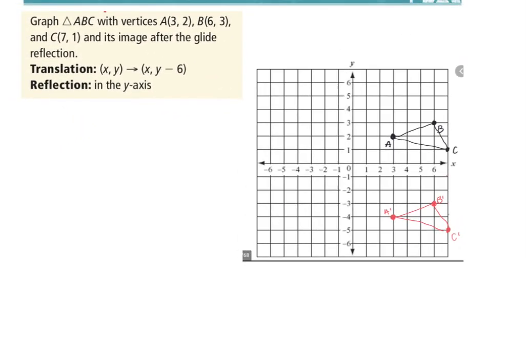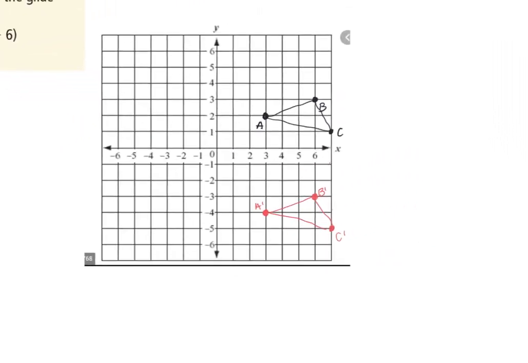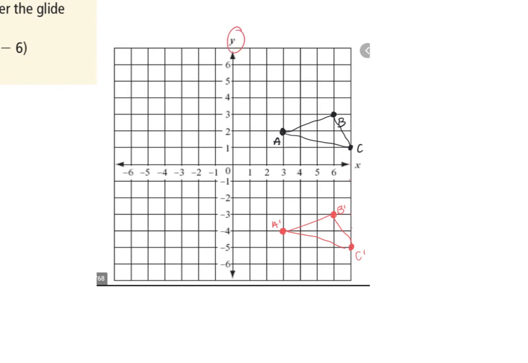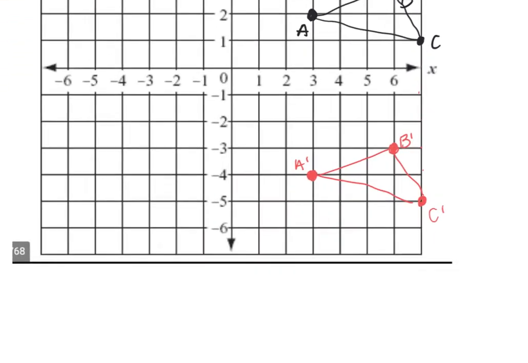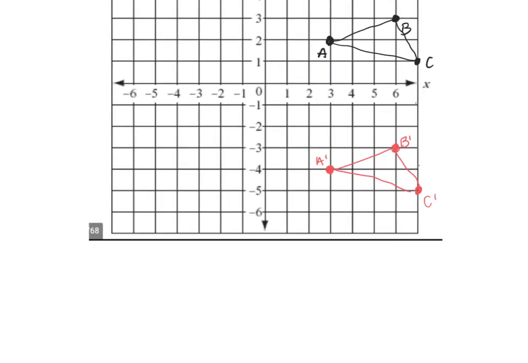And then we're going to have a reflection in the y-axis. So this is our y-axis. Okay, we're going to reflect over that. Now, if you're comfortable just being like, okay, well, I'm just going to completely project all of the points over on the other side, go ahead and do that. Now, I would like you guys to use the coordinate rules, okay? So that's where we're finding A is actually the coordinate 3.